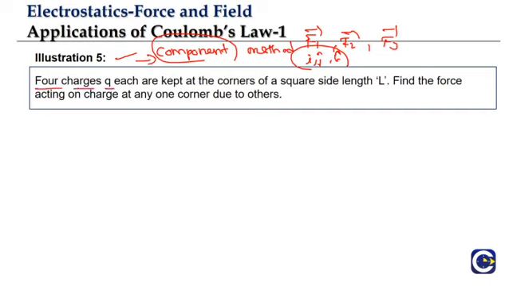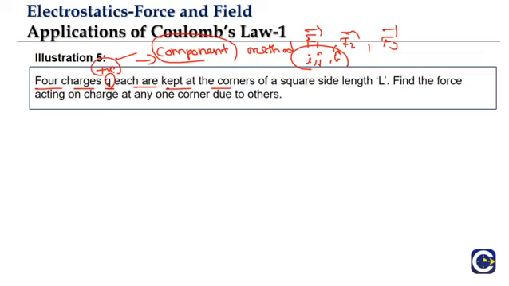4 charges Q each are kept. Now one thing I want to emphasize here: if, while solving problems, they don't mention the nature of Q, in most cases we can assume that Q is positive and then go about solving the problem.